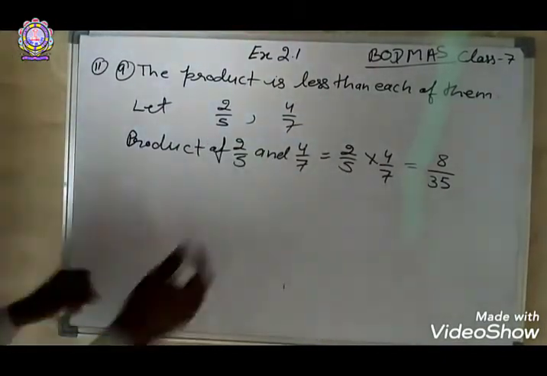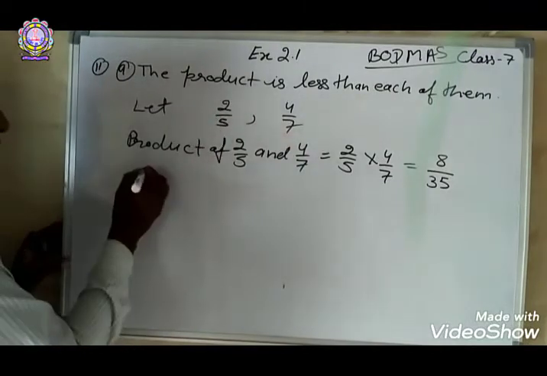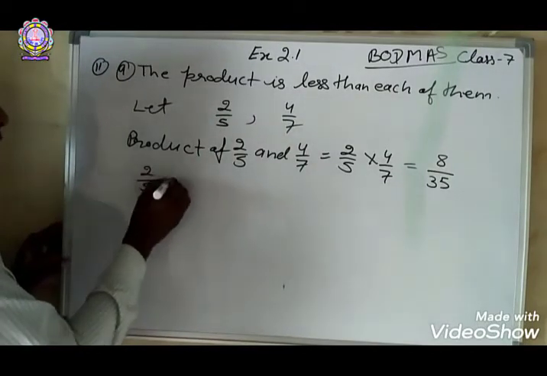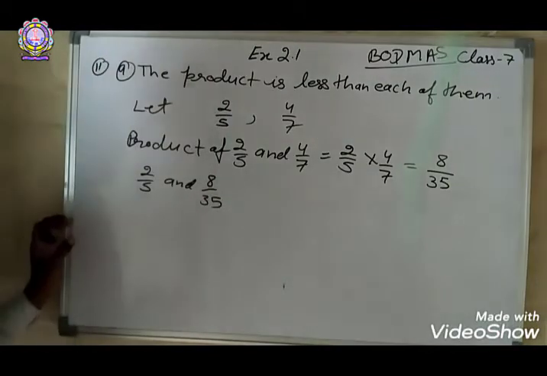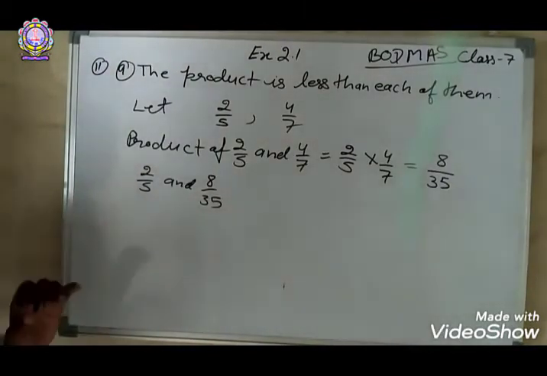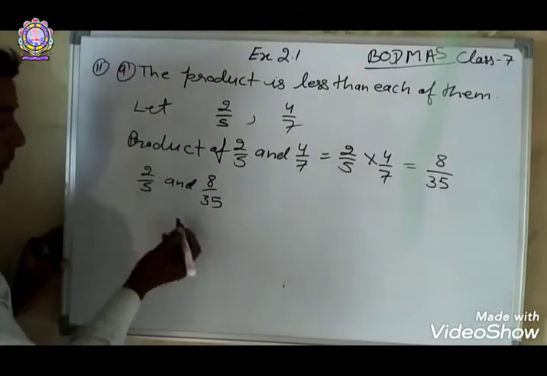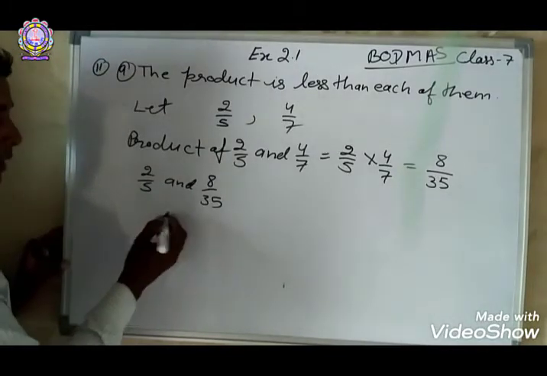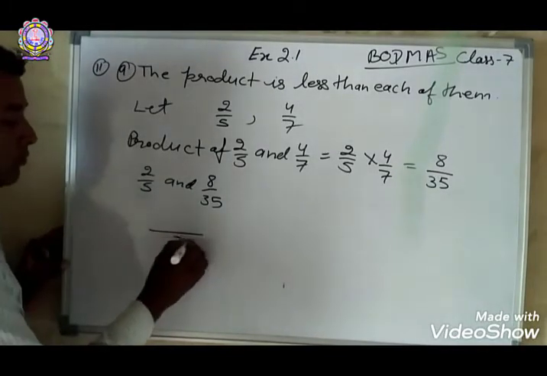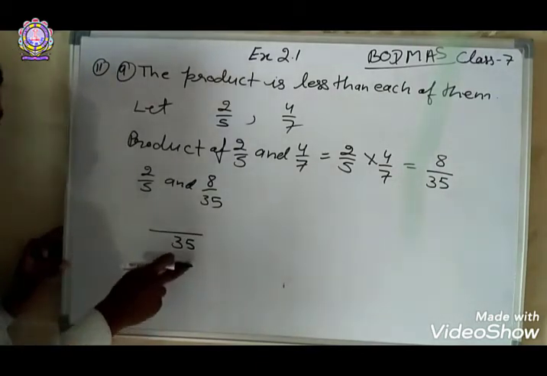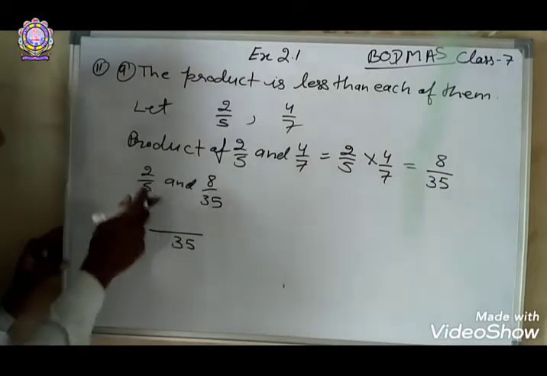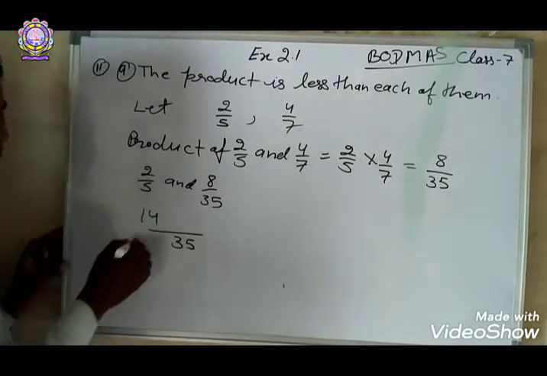First we check 2 upon 5 and 8 upon 35. Is this less or not? So take the LCM. The LCM here is 35. 35 divided by 5 is 7, and 7 times 2 is 14.